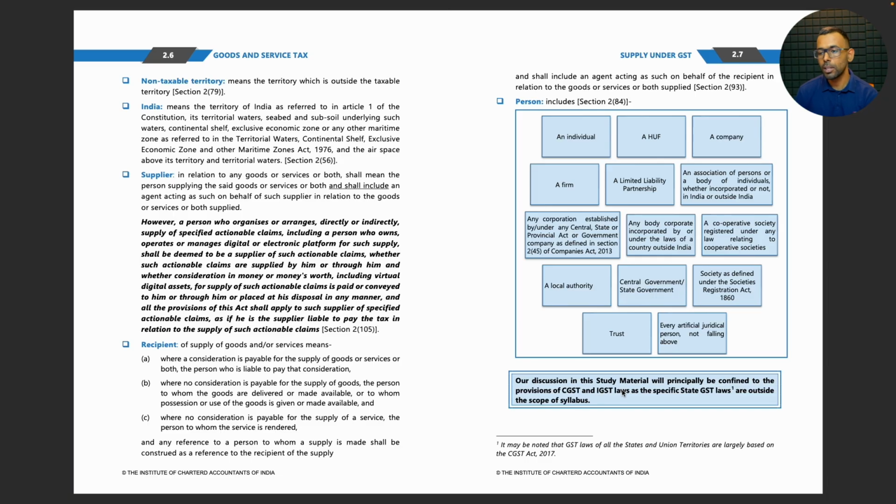Our discussion in this material will principally be confined to the provisions of CGST and IGST laws, as the specific state GST laws are outside the scope of the syllabus.